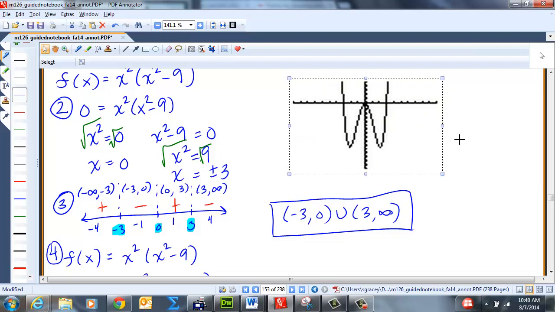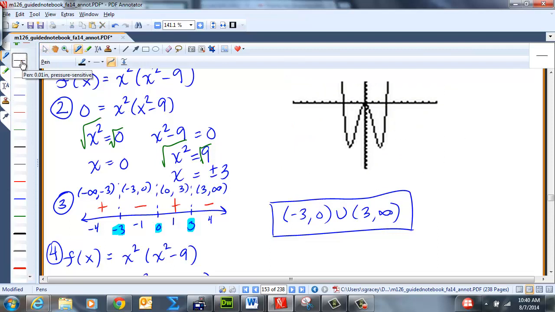Okay, so here we are. This was our graph from the graphing calculator, and notice that the y values that are negative are these guys here. So you can see how that multiplicity of 2 at x equals 0, it just touches the axis and bounces back down.